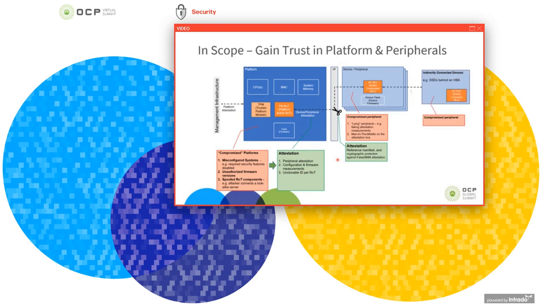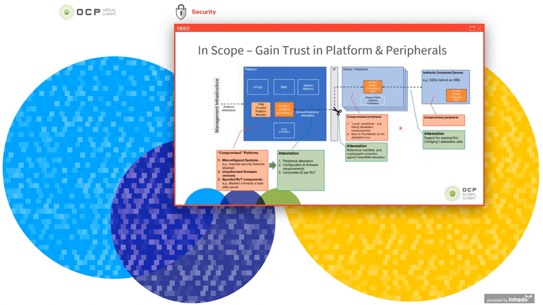There is a corner case here that I thought would be worth mentioning, which is there are cases where you have devices that are indirectly connected to the platform. So the best example is an SSD that sits behind an HBA that connects to the platform. We've had some discussions about the model of how to support that. There is one option, which is a hierarchical model where the system knows the full hierarchy.